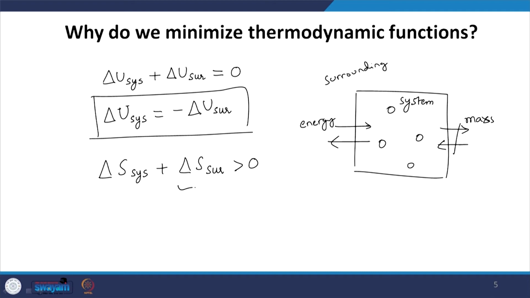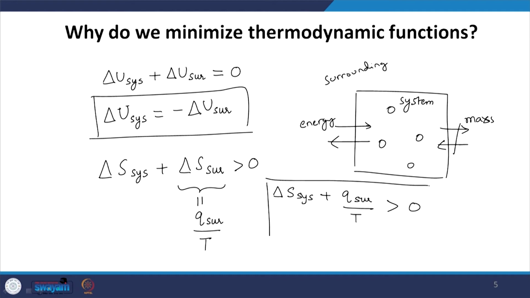And then the argument of Clausius is that delta S of surrounding is the heat added to the surrounding divided by the temperature. So, what this boils down to is delta S system plus Q surrounding by T should be higher than 0 for the system.